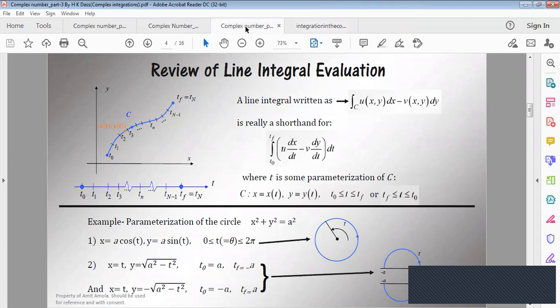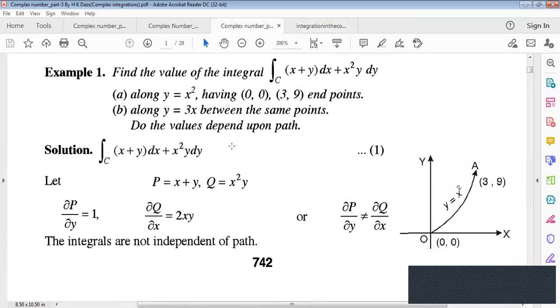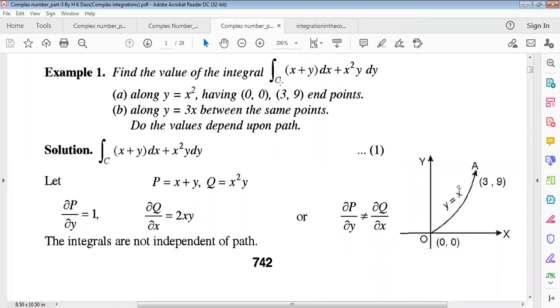Now, let us try to solve some examples. Example 1: find the value of the integral of (x plus y) dx plus x square y dy along y equals x square, with endpoints (0,0) and (3,9). Then along y equals thrice x between the same points. Does the value depend upon the path? Actually, there are two conditions, A and B. We are given a line integral of a function: (x plus y) dx plus x square y dy.